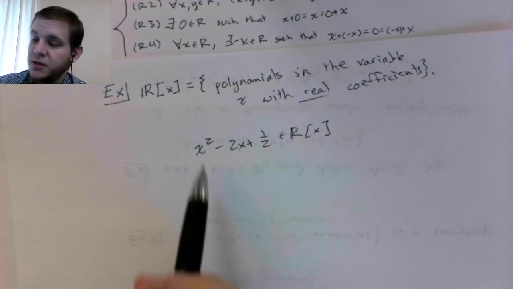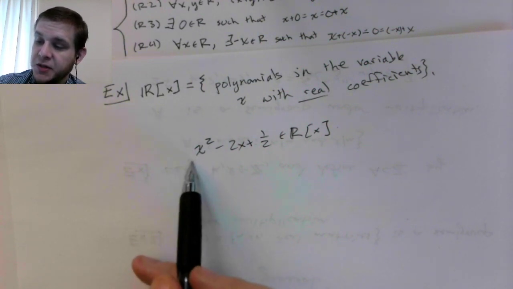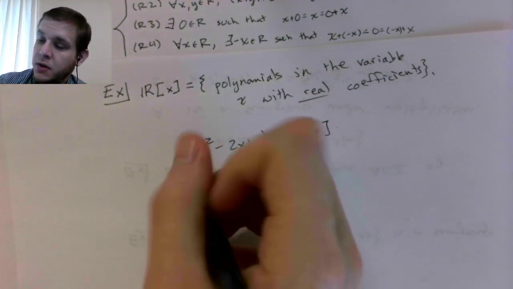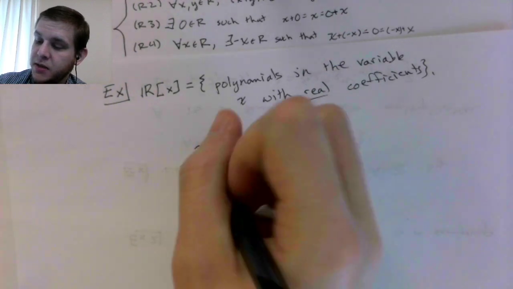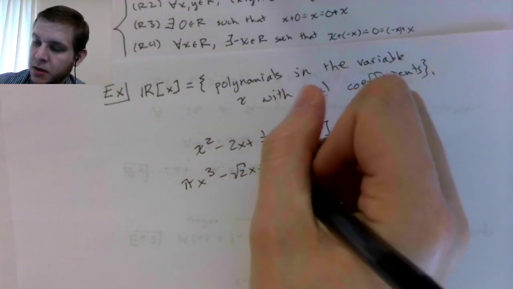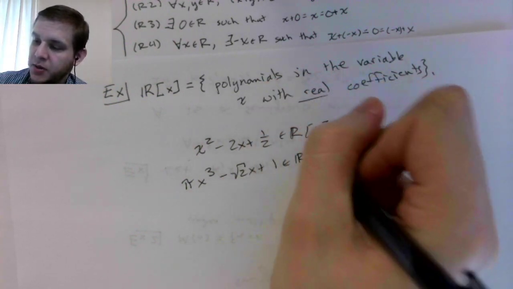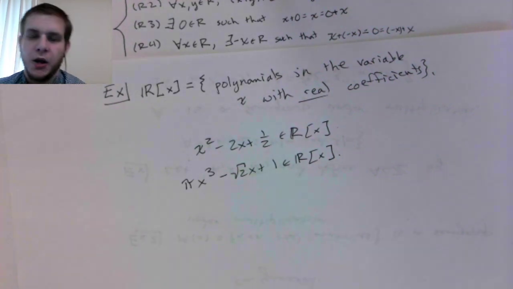This is a polynomial whose variable is x, and all the coefficients are real numbers. Pi x cubed minus square root of 2 x plus 1 is also an example of a polynomial in R of x.